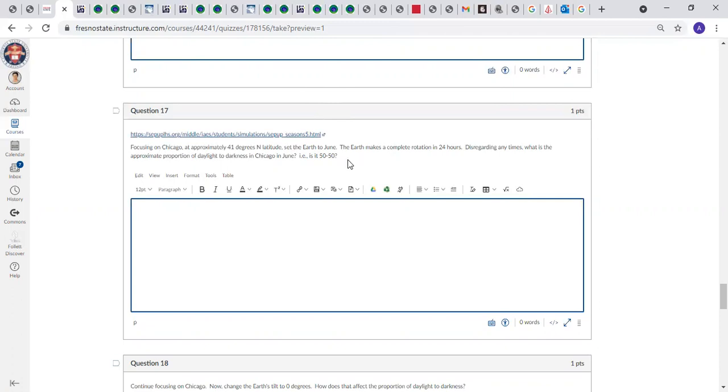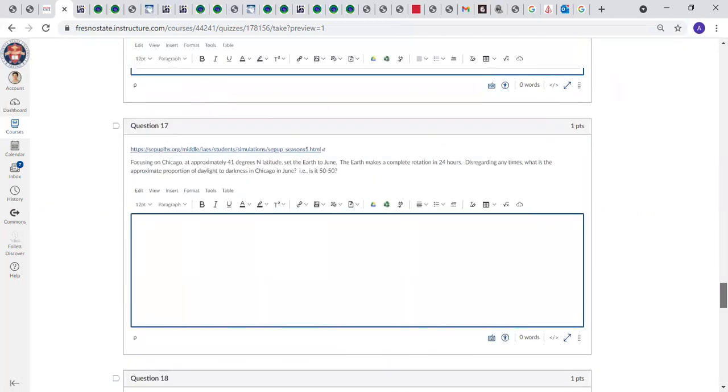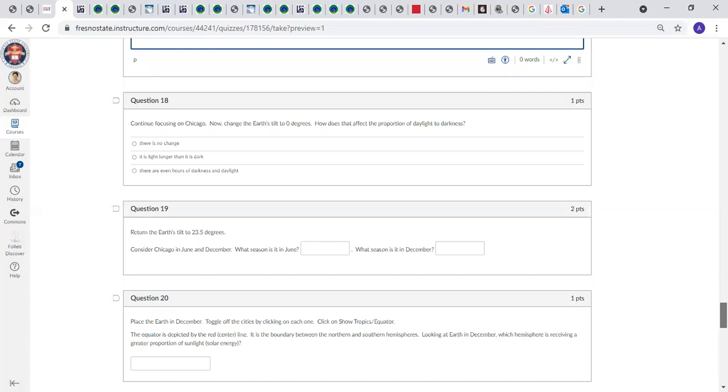Maybe this time, say it's 8 hours of daylight and 16 hours of darkness. And that's a 1 to 2 ratio. I guess 33 to 66 if you want to make it 100. So that's what you're going to do for those two questions.